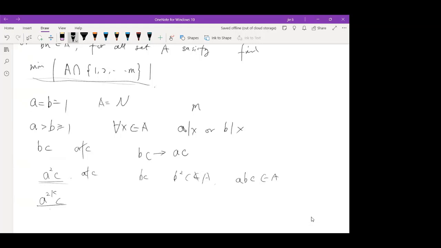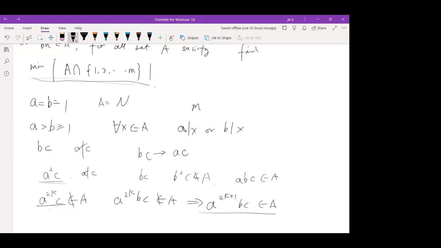If this one is not in A, then this is not in A. So that tells you this plus 1 BC must be in A. Not in A, this one not in A. So that indicates a contradiction to this outer requirement. So this type of thing must be in A.